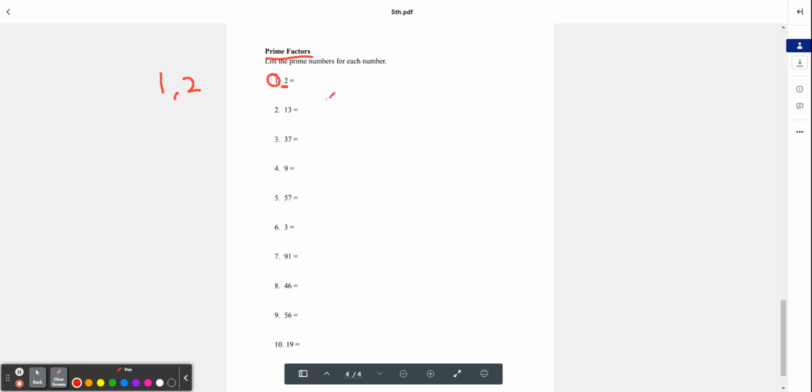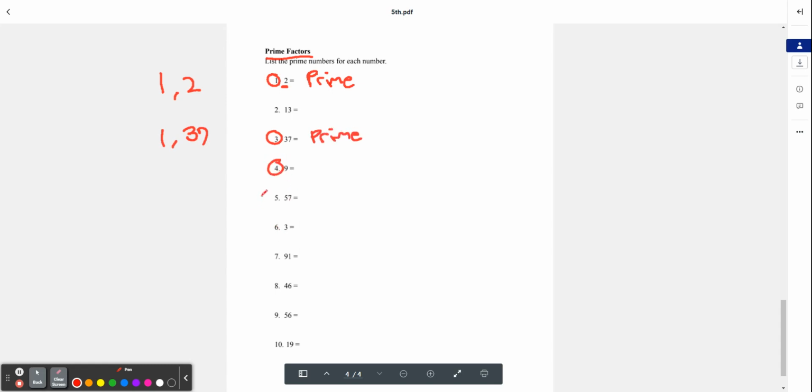Those are the only factors, so 2 is a prime number. Number 3, the factors of 37 are 1 and the number itself, which is 37. So just like number 1, we know that 37 is a prime number.